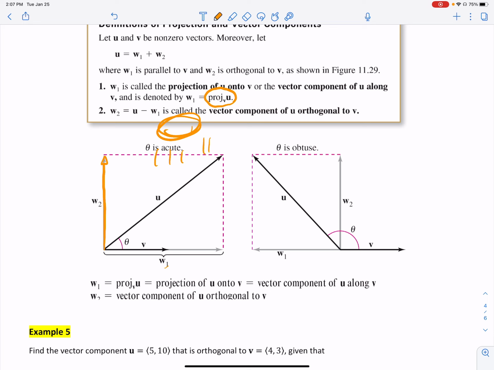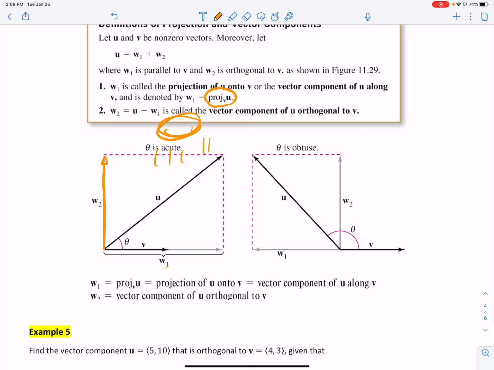We can do the same thing here. W2 is orthogonal to V in this picture. It's orthogonal. Makes a right angle, 90-degree angle. W1 is parallel. Even though they go in different directions, they are parallel. And the projection of U onto V gets me W1.